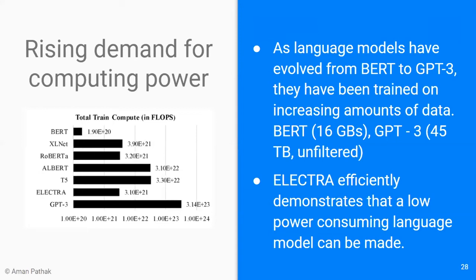Below you can see the chart where the total computing power has been marked. As the models have progressed from BERT to GPT-3, we have seen a rise in the amount of data, which also translates into computing power. It's worth noting that ELECTRA balances the total power consumption and the model performance as well.